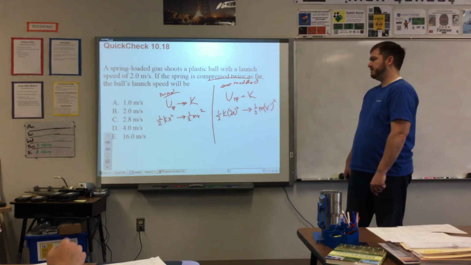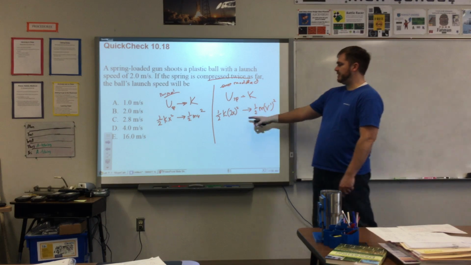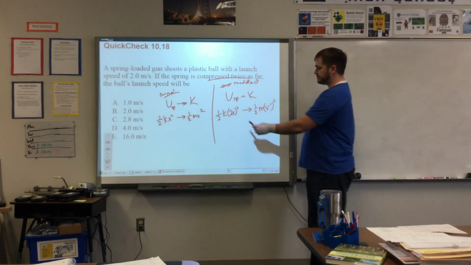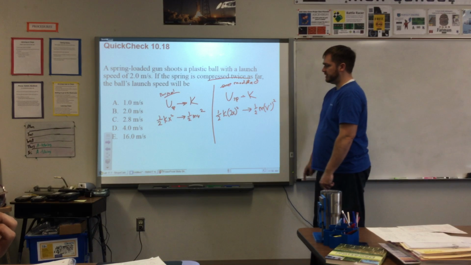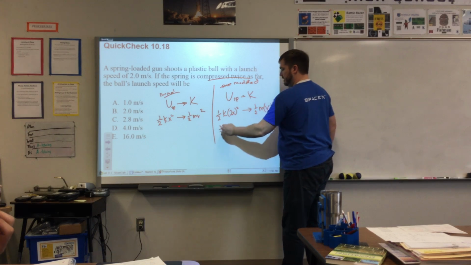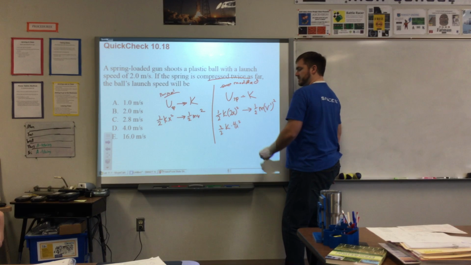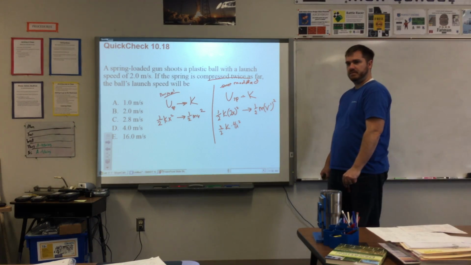What's the difference there? Okay. So one thing that we can think about, and there are different ways of solving this. One that I might do is I say, okay, when this gets squared, I still have 1/2 k, but that 2x squared turns into 4x squared, right?